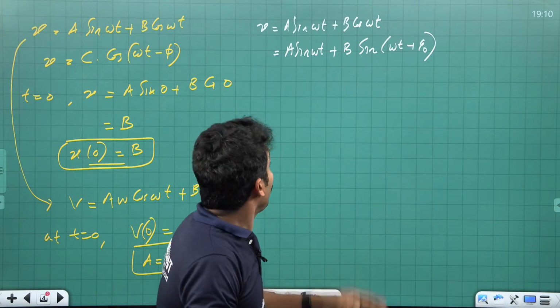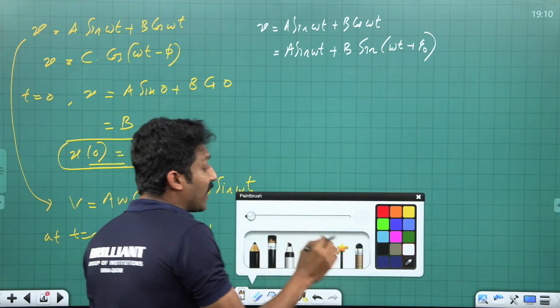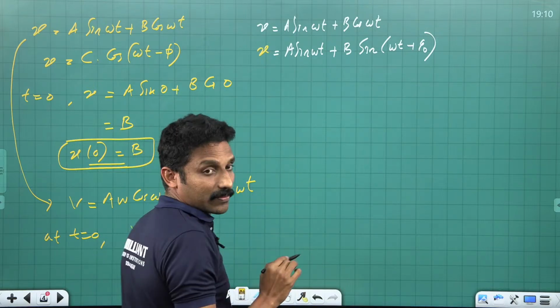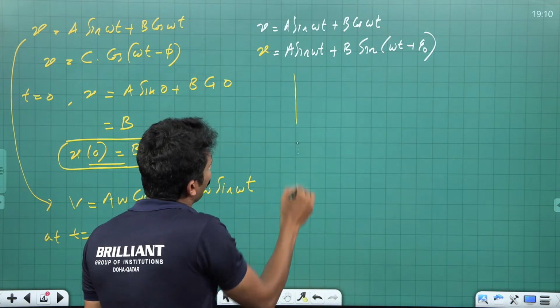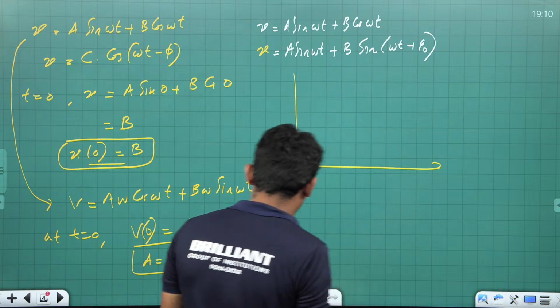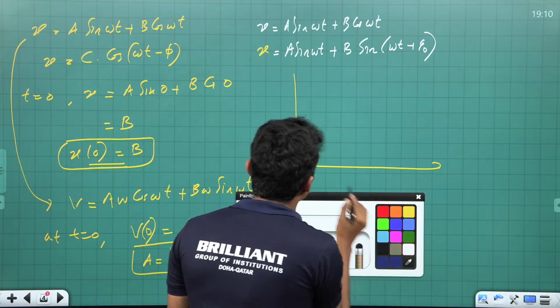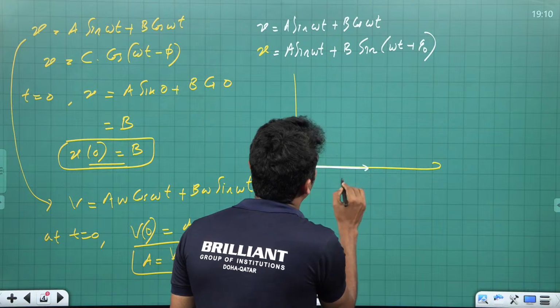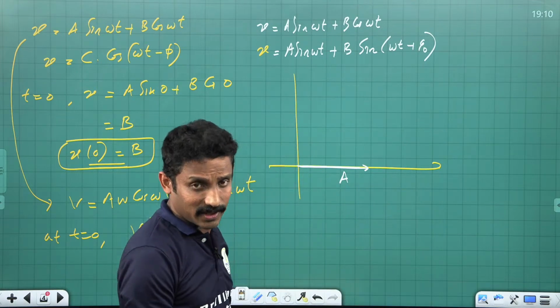Now we can do the phasor diagram solution method. For that we take two axes in which amplitude A is considered along the x-axis.